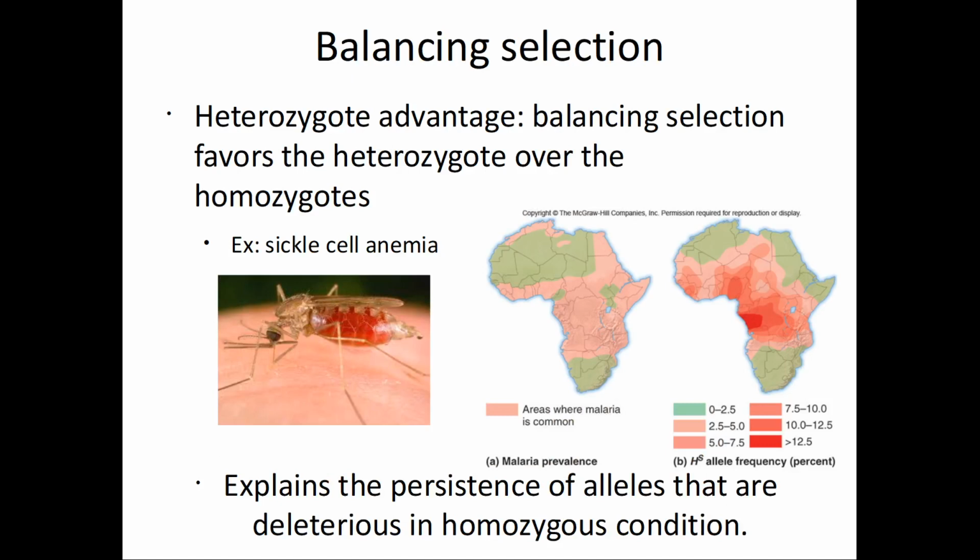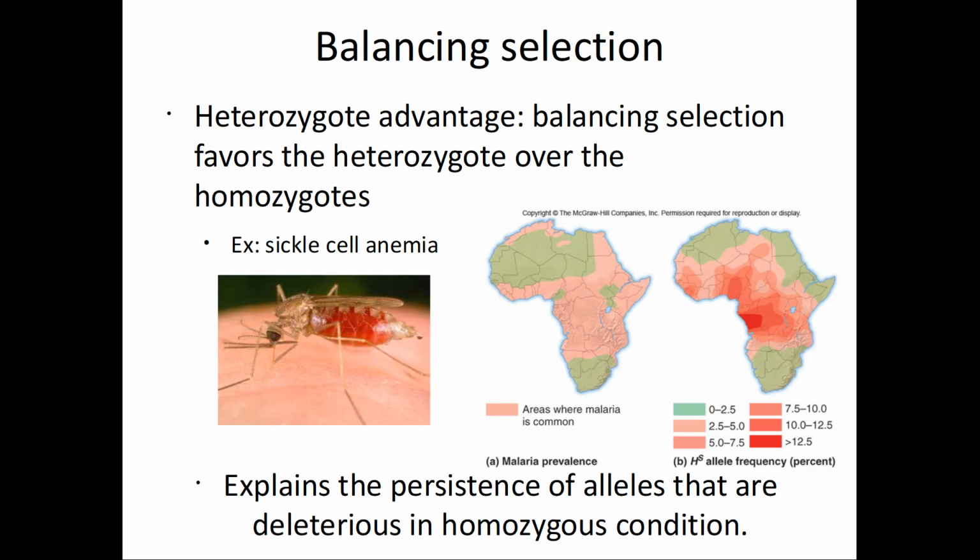All right, balancing selection. Heterozygote advantage. Balancing selection favors the heterozygote over the homozygote. So what's basically going on here is that, like we said earlier, the heterozygote can mask bad recessive alleles, and therefore you have some degeneracy in the genotype versus the phenotype.